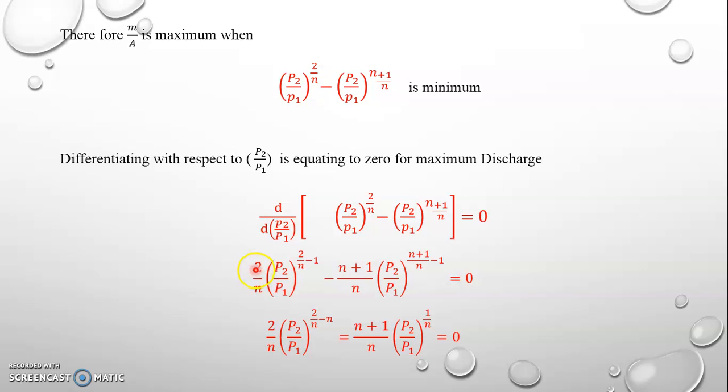From the differentiation, 2 by n into (P2 by P1) power of 2 by n minus 1, minus n plus 1 by n into (P2 by P1) power of n plus 1 by n minus 1, equals 0.